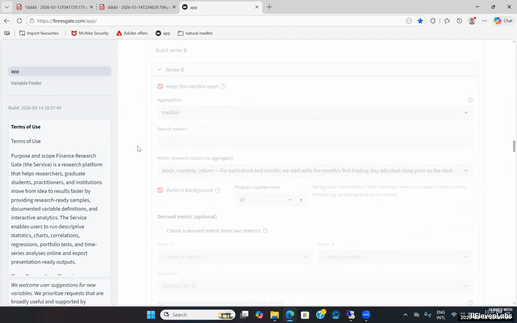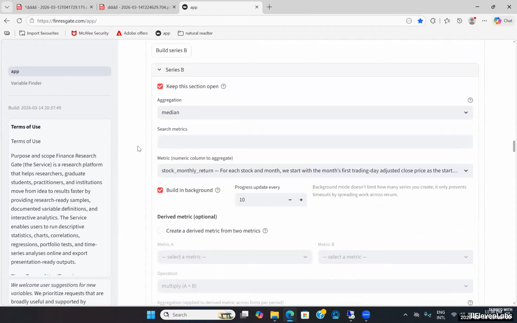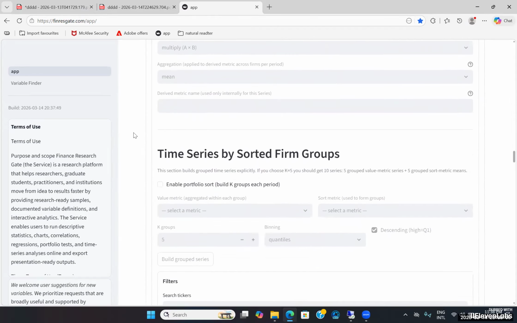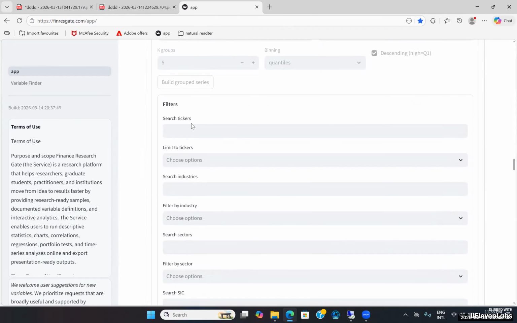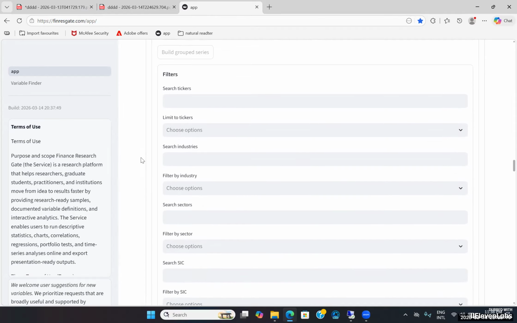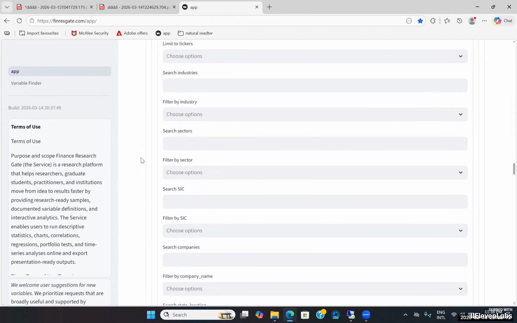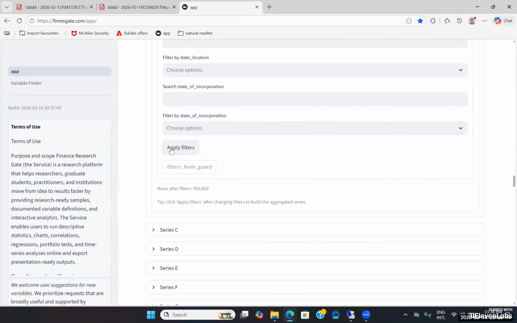Therefore, for any given month, we might be looking at approximately 3,000 or even 4,000 firms. Our process involves calculating the median value for each successive month. Through this approach, we are effectively discovering what we can consider a genuine market representative monthly return. Consequently, we maintain these boxes as empty. Therefore, by default, we include all firms that are part of the given sample, and then we simply proceed with the application.